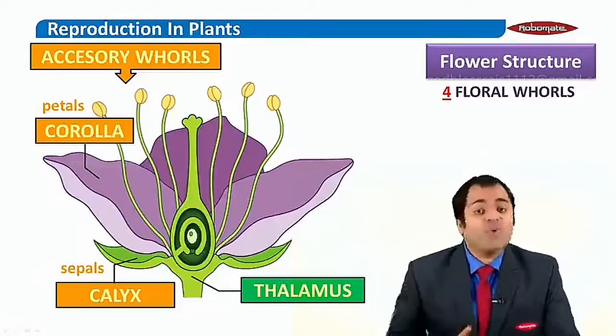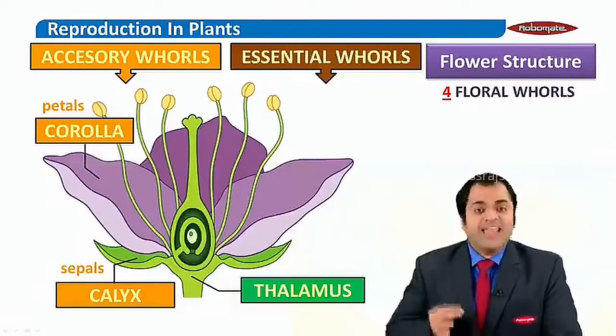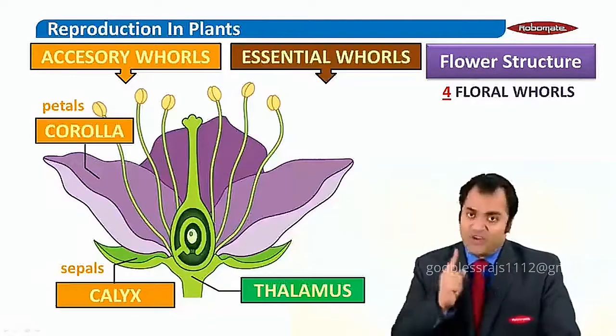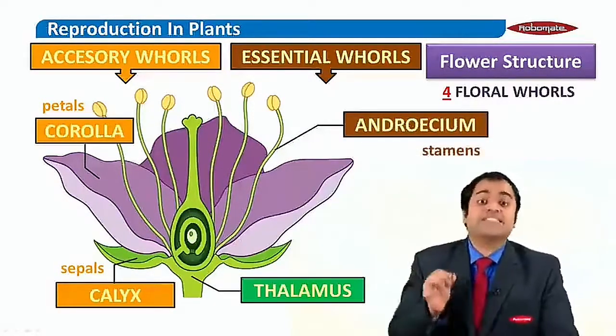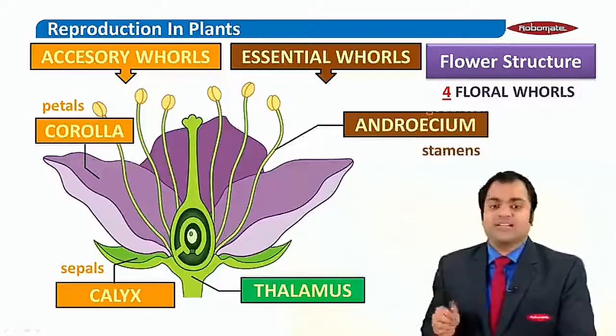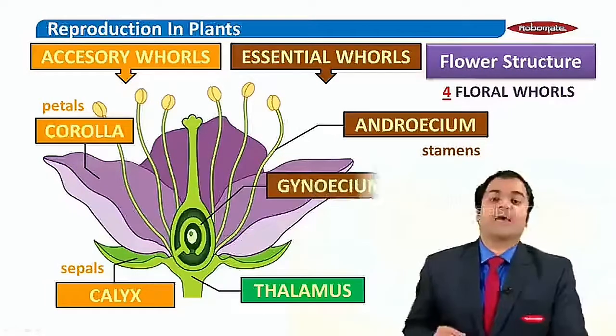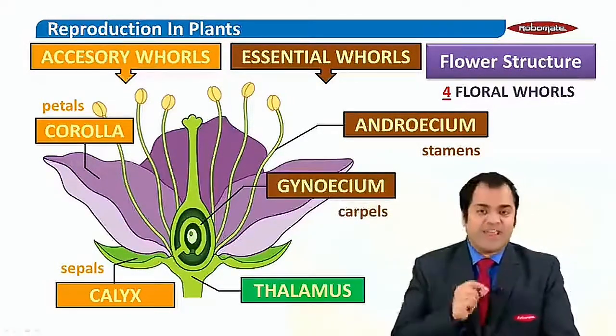Now there are 2 more whorls which are called as essential whorls. And these essential whorls are, you know them, the androecium, which is made up of stamens. Absolutely right. And then finally in the center, the innermost whorl is called as the gynoecium, which is made up of carpels. You got that right too.